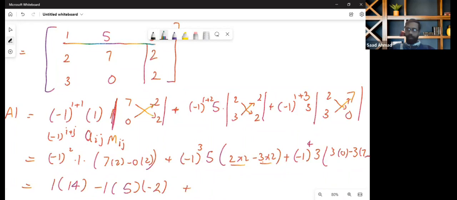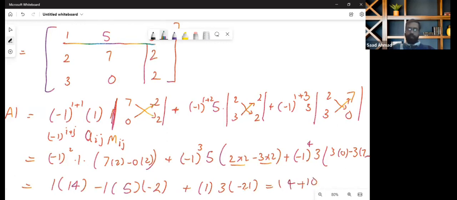And then plus, -1 to the power 4, that's an even power, so that will make it positive 1. And then 3 times 0 is 0, minus 3 times 7 is 21, so -21. Now you just add them. So 14, and minus times minus is positive, that will be plus 10.